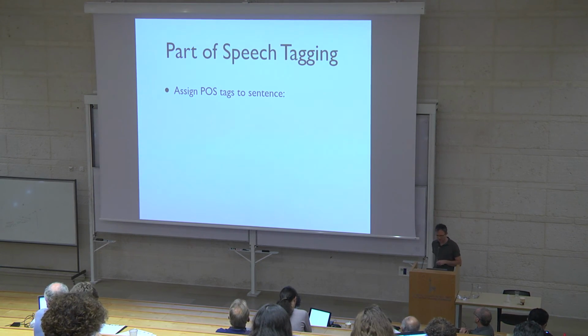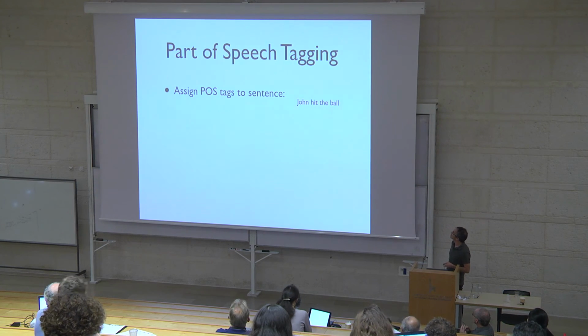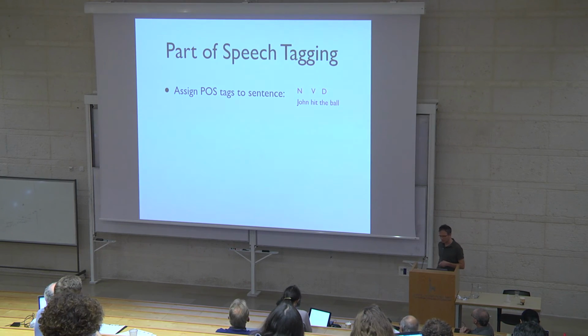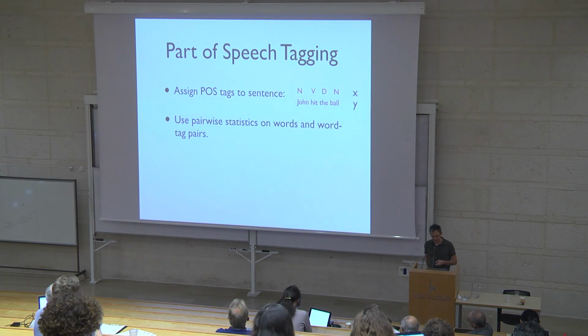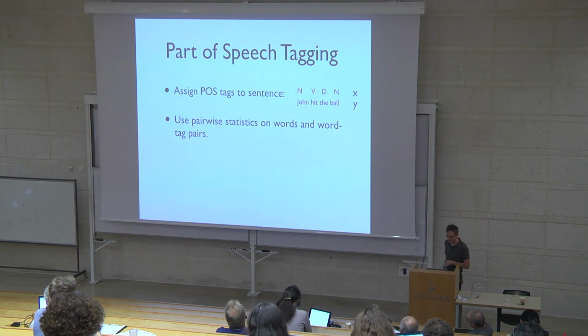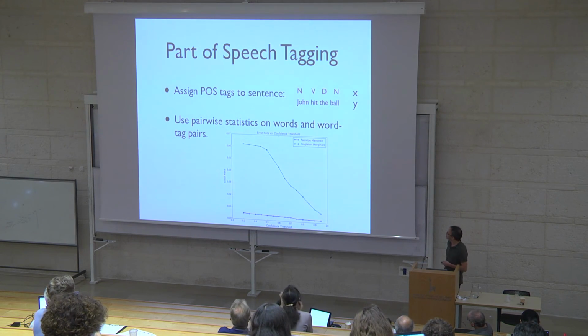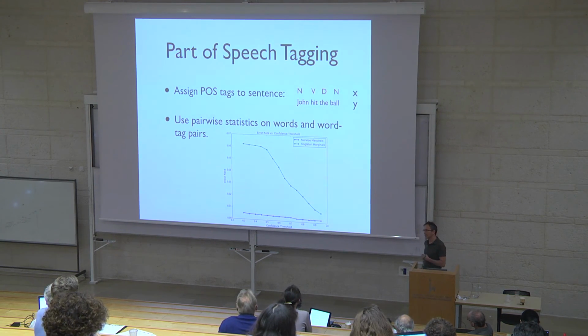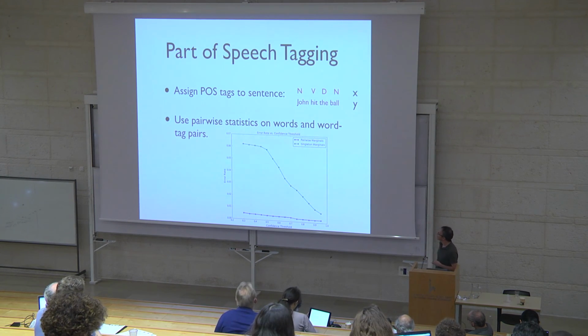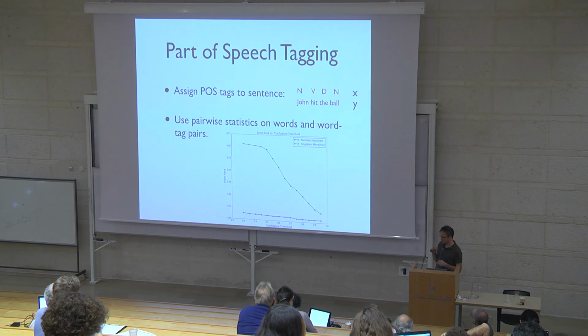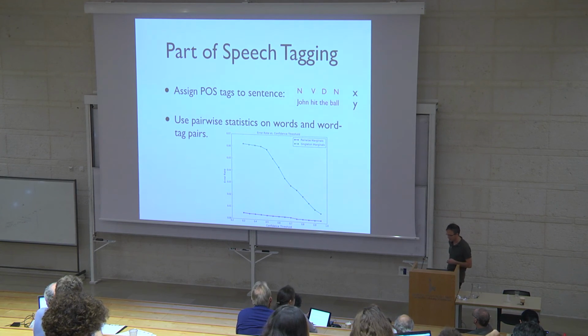Okay, just to illustrate how this works, we consider the problem of part of speech tagging. You have a sentence and you want to assign a part of speech to each word. We use the pairwise statistics on word-to-word and word-tag pairs. I won't go too much into the details, but we compared with another probability estimate that's similar to a maximum entropy model, and we used that to relabel the data.